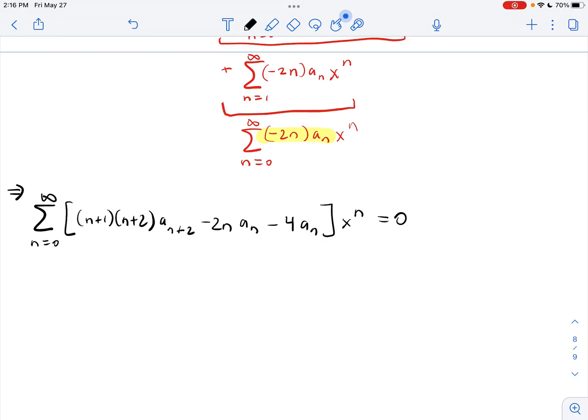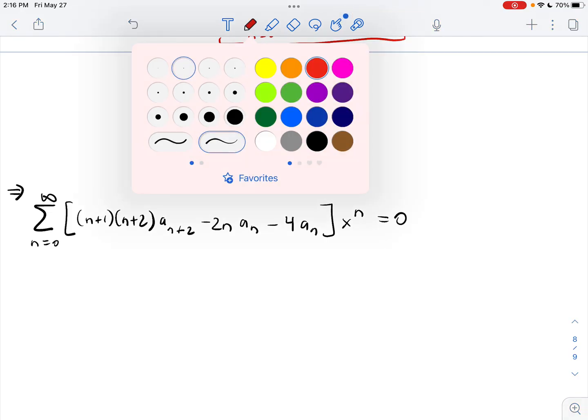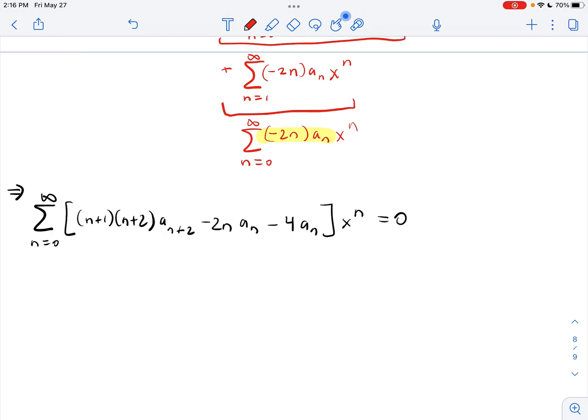And by the way, isn't this guy the same as... I see an a n twice, so I can factor a n out. So doesn't this become that?